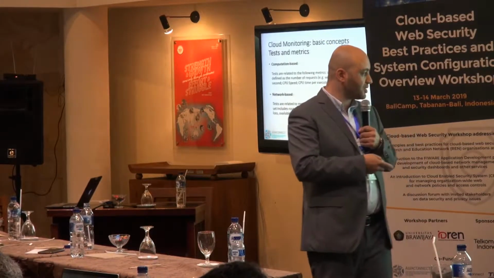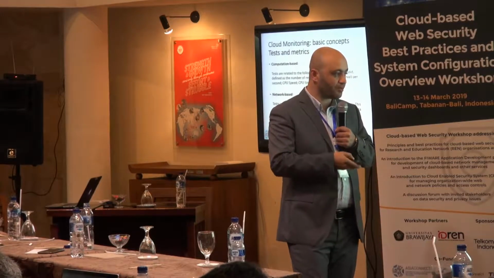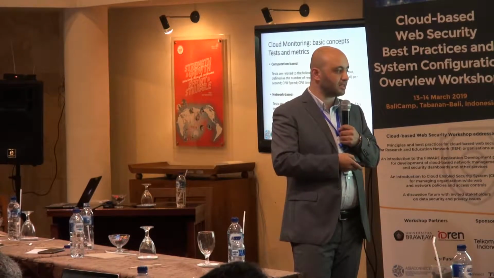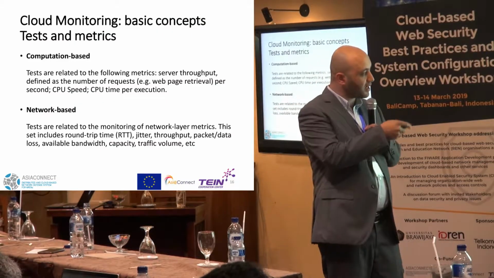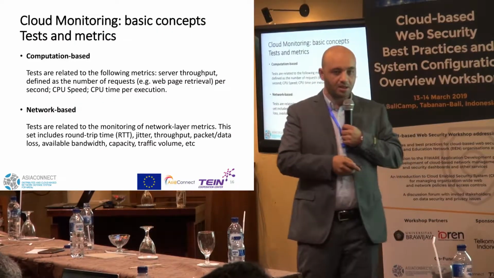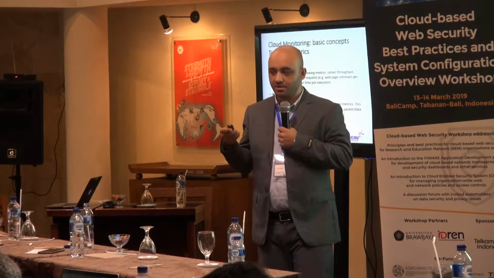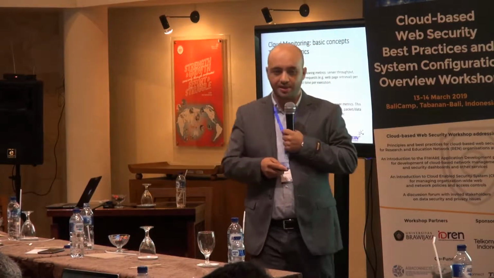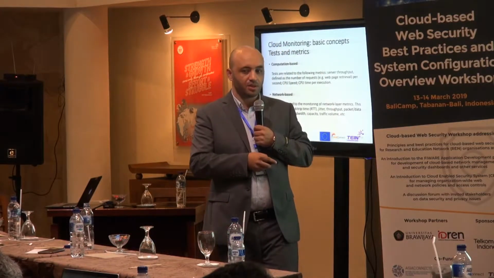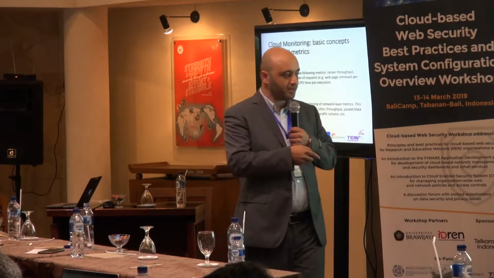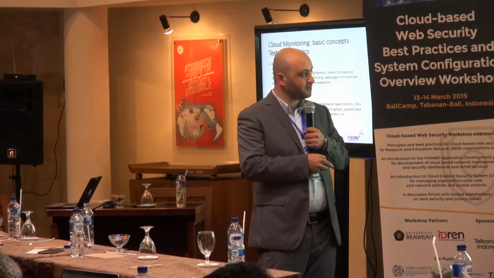For networks, we talk about throughput, bandwidth, and round-trip times. Each cloud service provider will offer such metrics, even related to the application running on the cloud. We will also see all of these metrics during our demo at the end of this presentation.